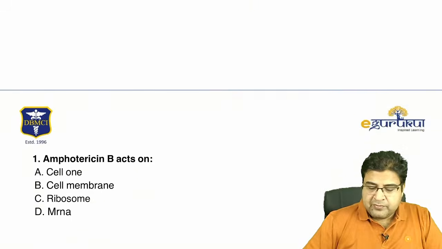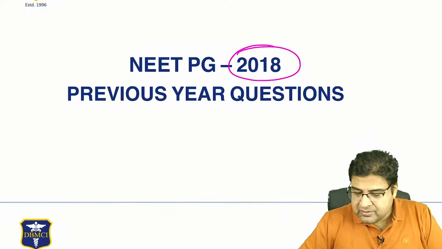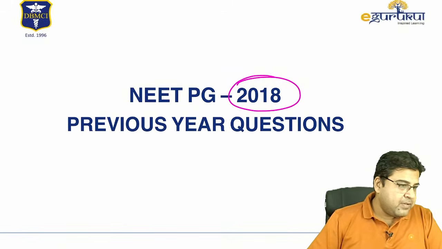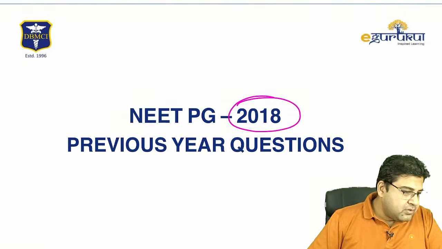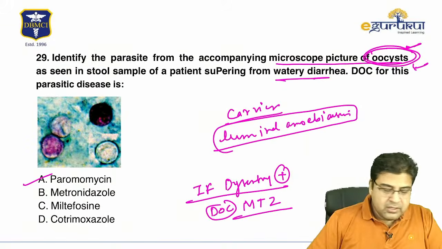Right? Now, guys, we have the 2018 questions. They have asked the 6-year questions or 5-year questions. Would you like to do these 2018 questions or shall I skip?